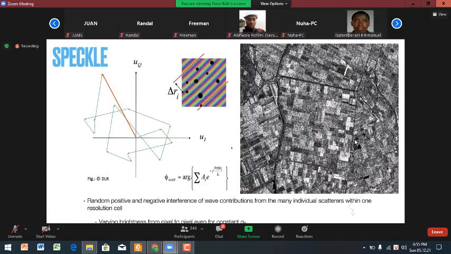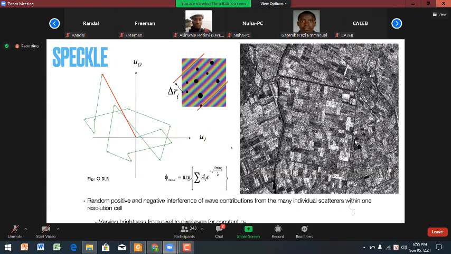All right, speckle. I already mentioned that, but we can't talk often enough about it. Speckle is something that makes our SAR images so ugly. If you want, there's kind of a noise-like effect on it. It comes from the random positive and negative interferences of the waves from these different scatterers inside one pixel, inside one resolution cell.